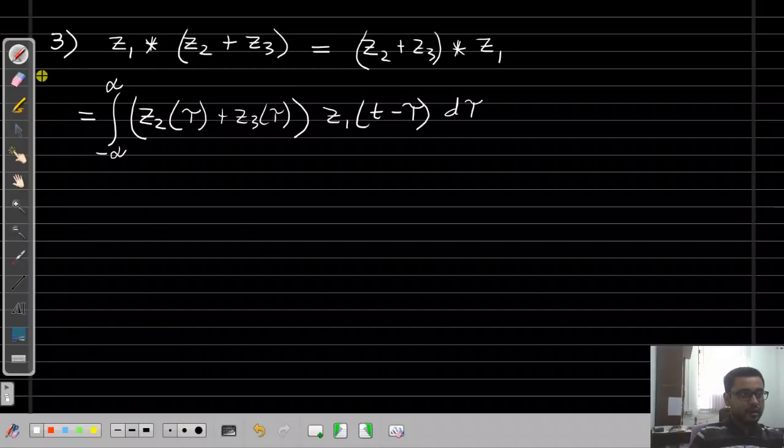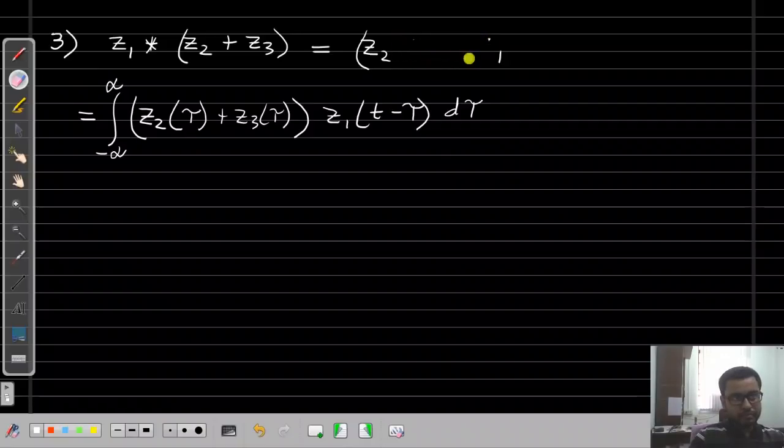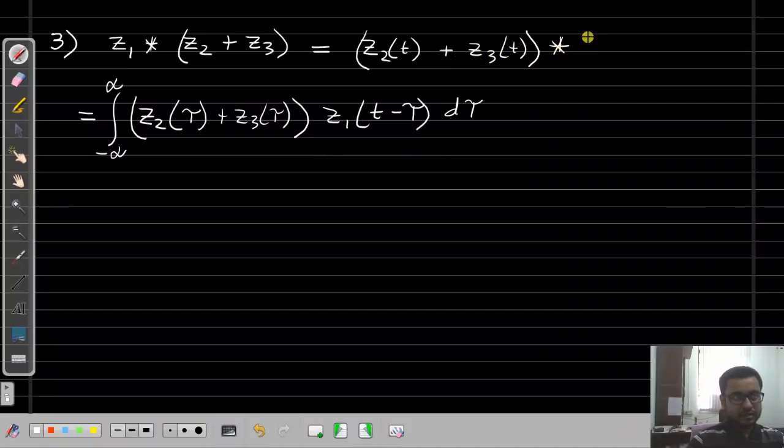Okay. If you want, let me put this bracketed thing as (z2(t) plus z3(t)) star z1(t). Here also you can put t, you understand that.